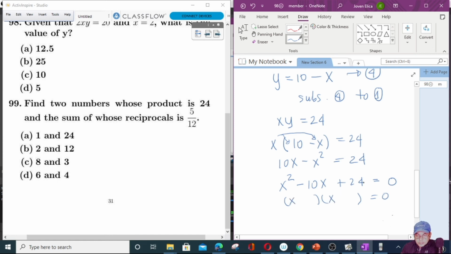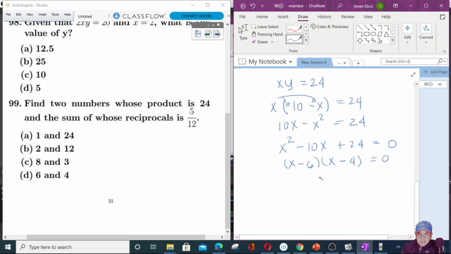And then factor this equation. The factors of 24 are 6 and 4. Since the middle term is negative, both are negative, so if you add negative 6 and negative 4 it is negative 10, and 6 times 4 is 24. Therefore, the value of x is 6 and 4.